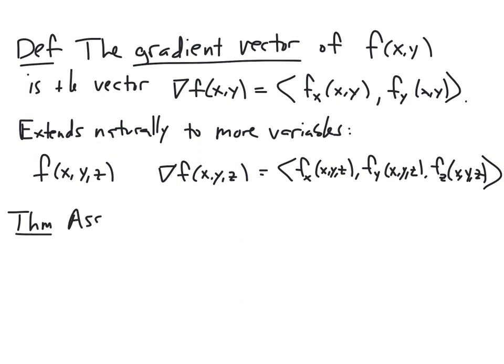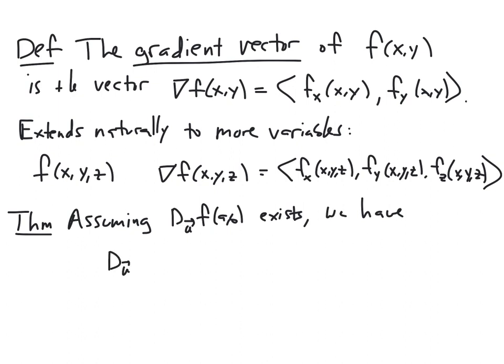The theorem says, assuming that the directional derivative in the direction of u exists, we have that this is actually equal to the gradient vector of f evaluated at (a, b), dot product with the vector u.